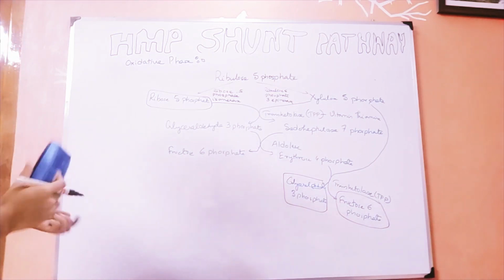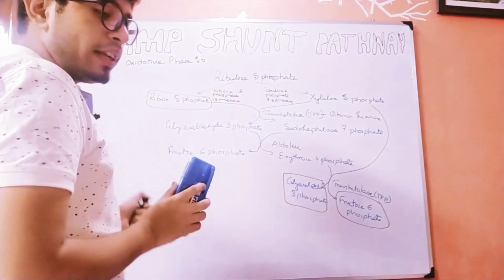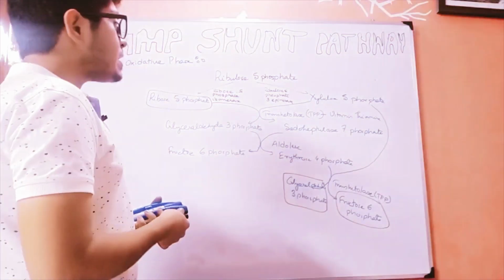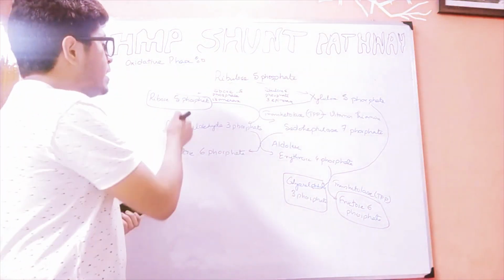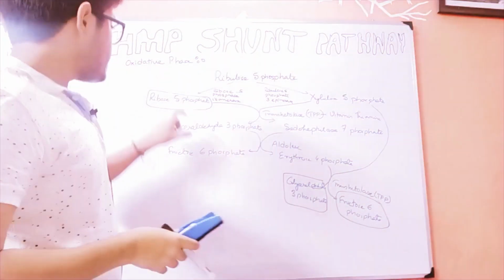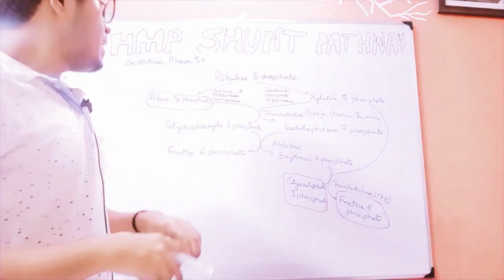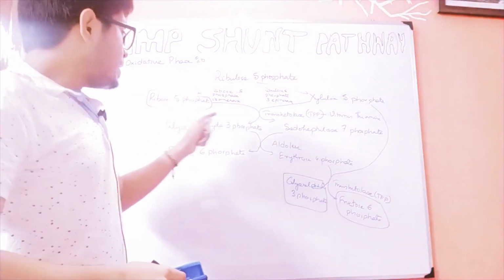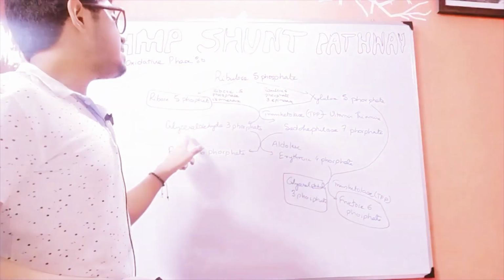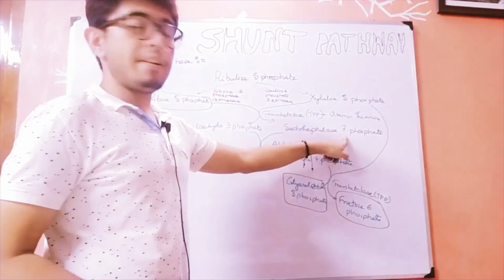Now, how to get the calculation done? The most important thing is that, just see, here we have ribose 5-phosphate, we are getting xylulose 5-phosphate. 5 plus 5 gives 10. In the next step, we have glyceraldehyde 3-phosphate and pseudoheptulose 7-phosphate.